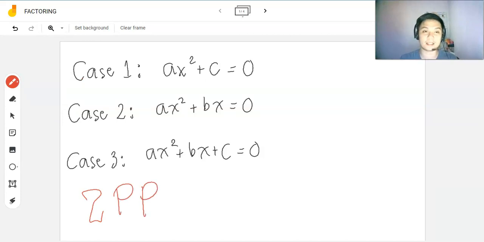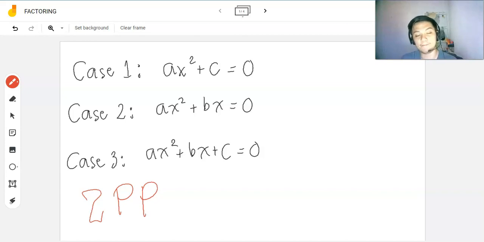So kung ang ESR, extracting square roots method, ay merong square root property, pagdating sa factoring method, meron tayong tinatawag na ZPP or zero product property nga. Ang sinasabi niyan ay ganito. If the product of two real numbers is 0, then it is either that one of the two numbers is 0 or both of them are equal to 0.